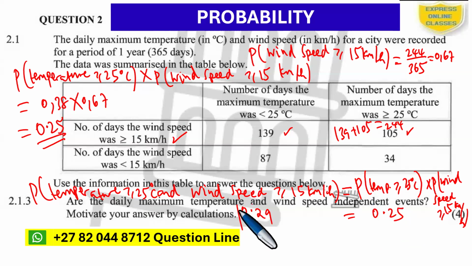We can see that 0.29 compared to 0.25, these are not equal to each other. 0.29 is not equal to 0.25.